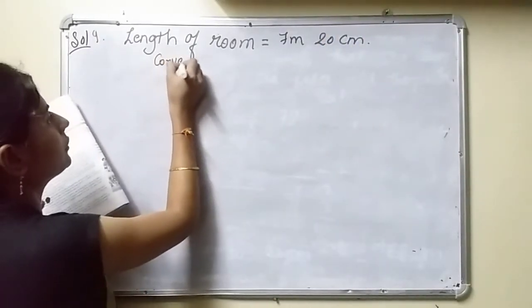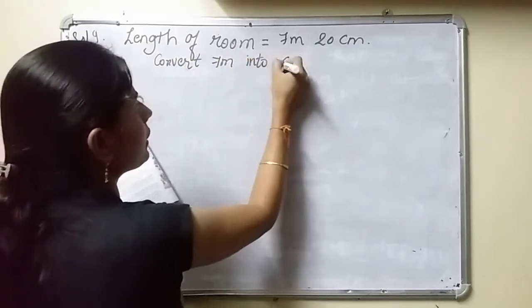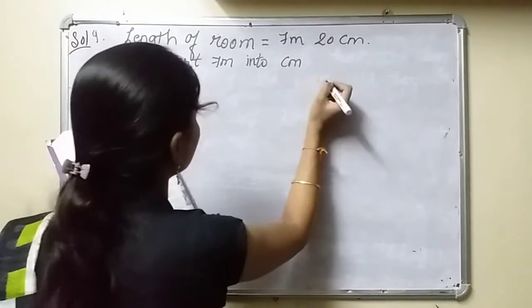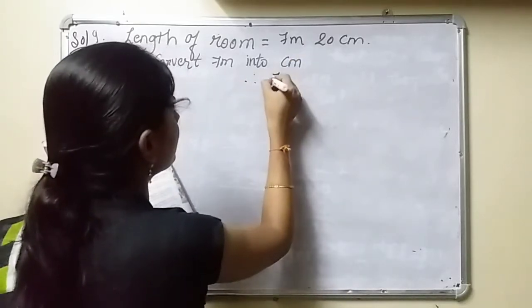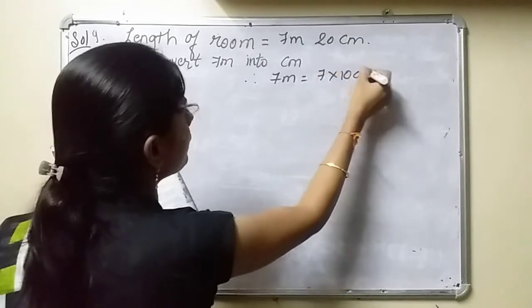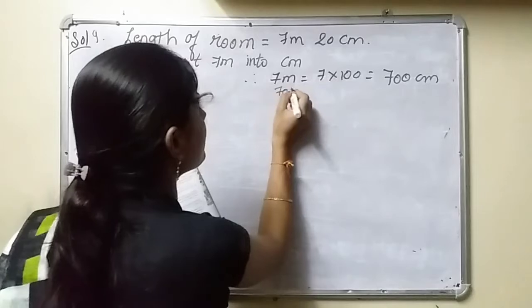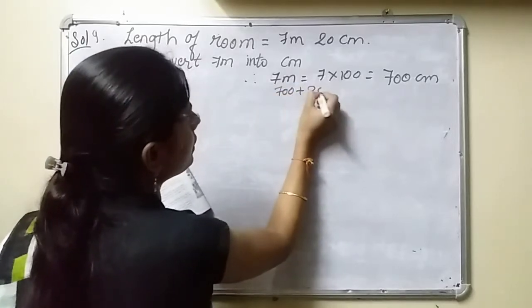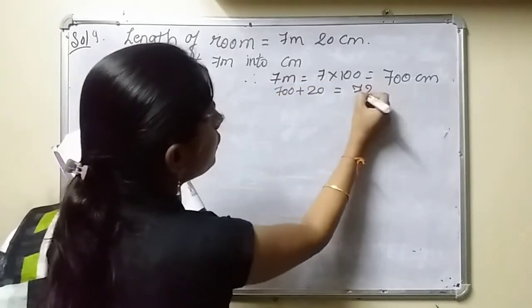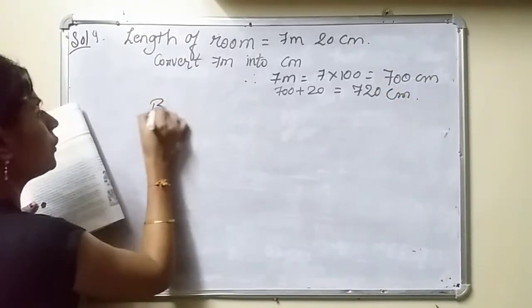So convert 7 meter into centimeter. Therefore 7 meter is equal to 7 into 100, 700 centimeter. So 700 plus 20 is equal to 720 centimeters.